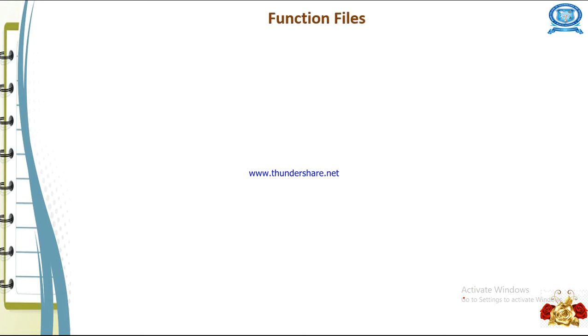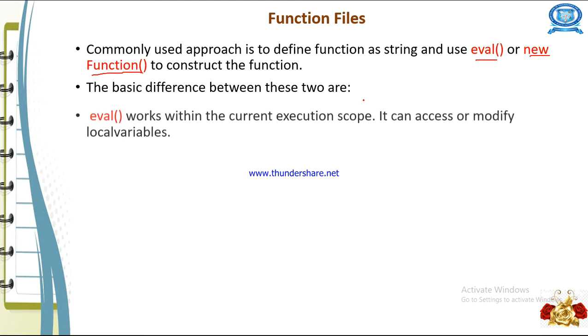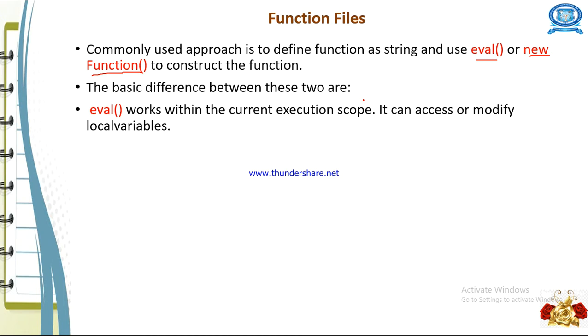Next are the subtopics under JSON functions. Commonly, the approaches define a function as a string and use two functions to construct it: eval and new Function. What is the basic difference between these two?